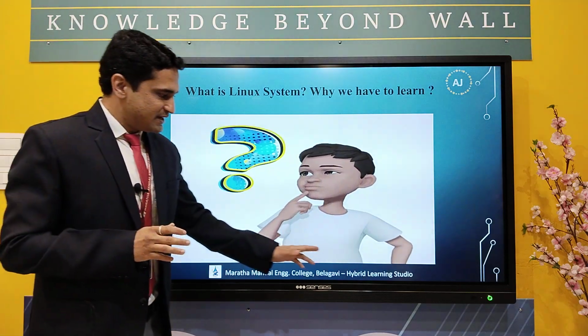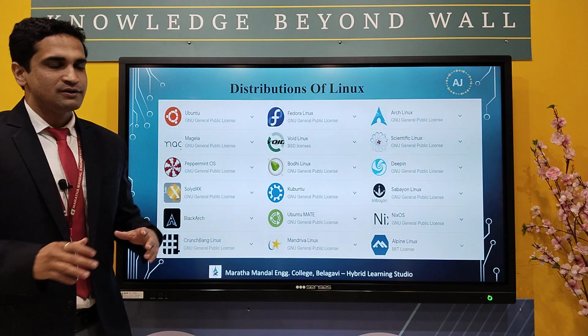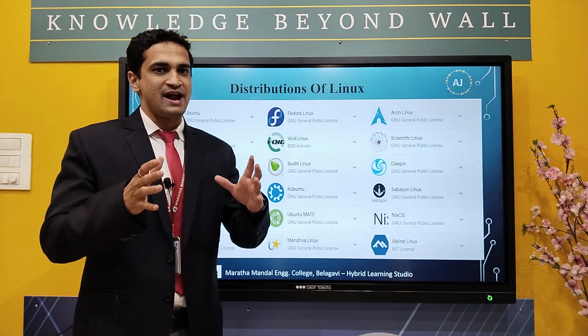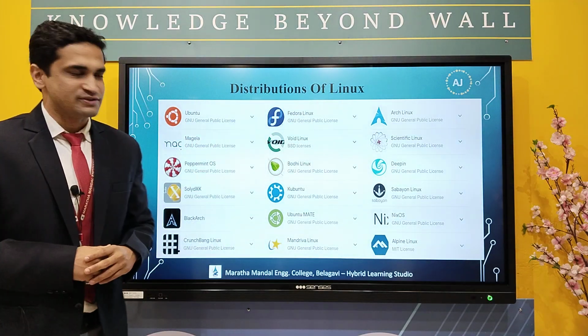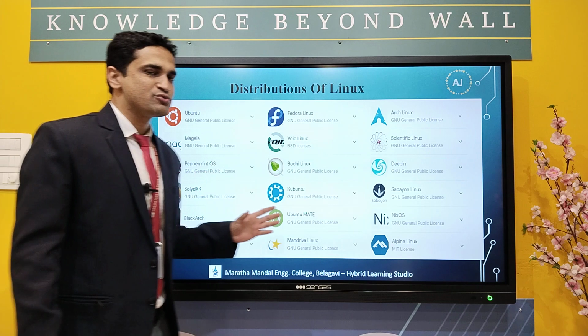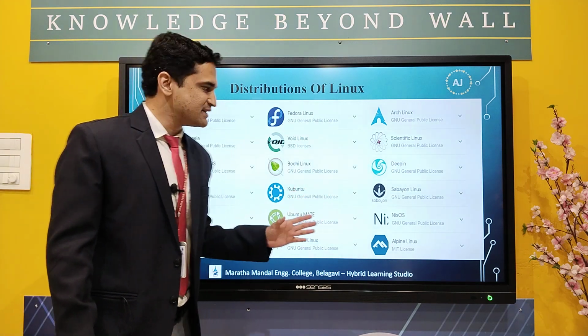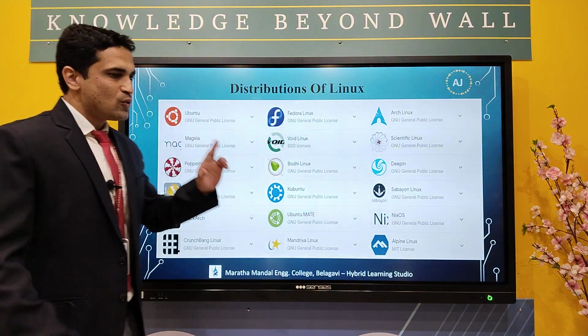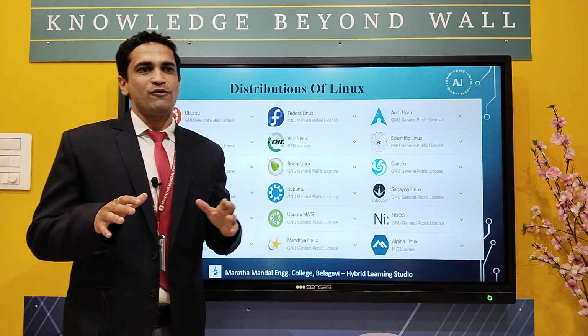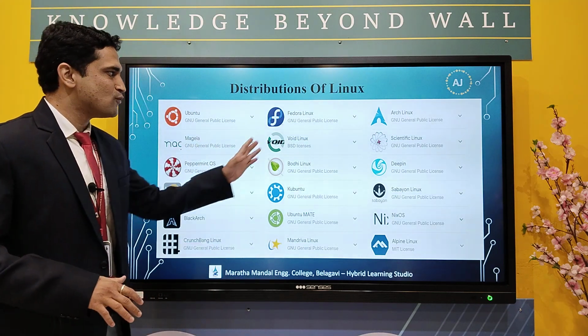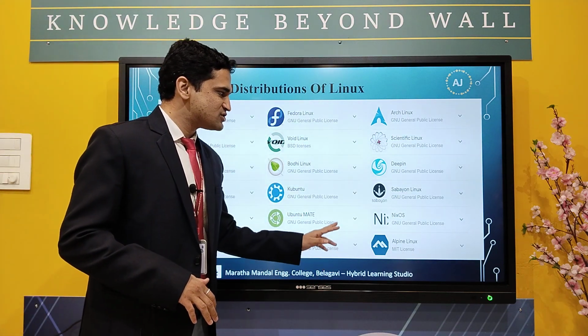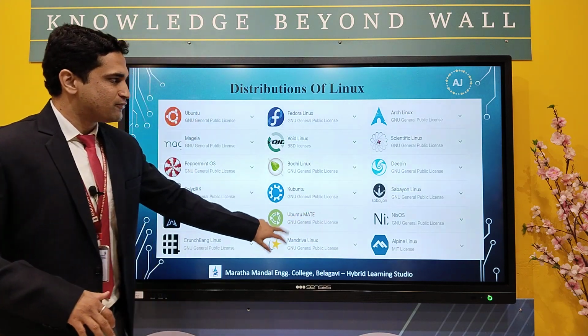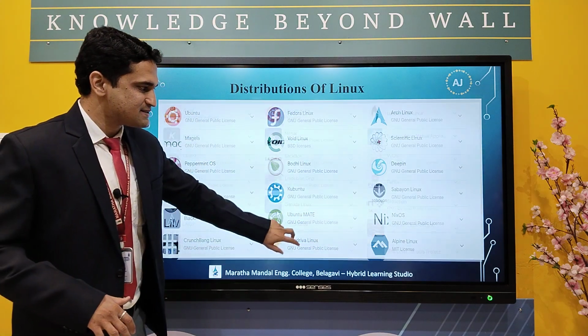We will learn in detail about the Linux system and its distributions. These are some of the distributions of the Linux operating system: Ubuntu, which I think almost all of you know, and Fedora. There are so many distributions of this Linux operating system.